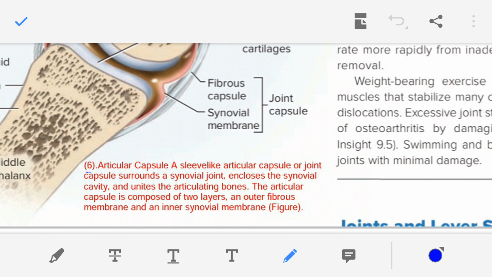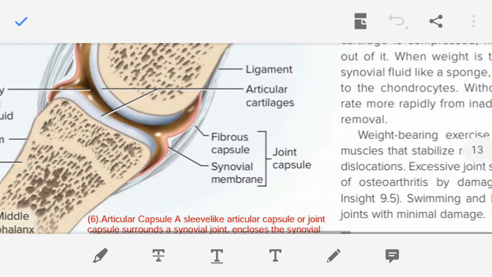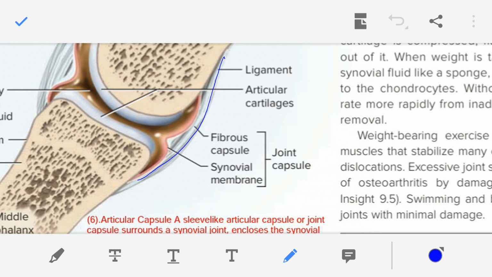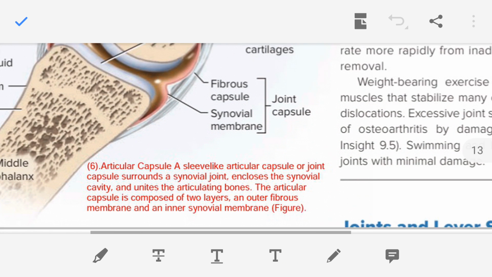As you can see, the articular capsule is a sleeve-like structure, also known as the joint capsule, and it is surrounding the synovial joint. So here in the figure you can see the synovial joint is surrounded by the articular capsule or the joint capsule.